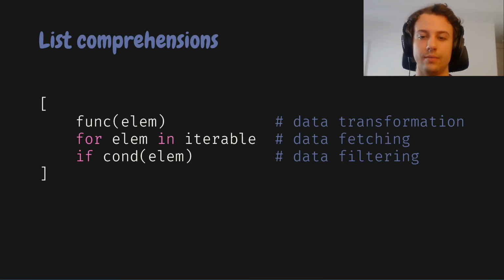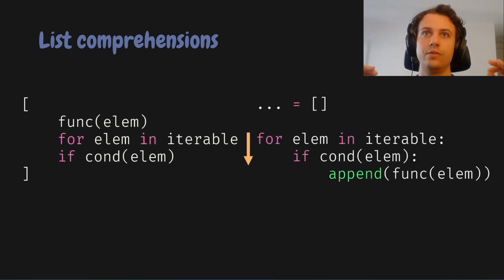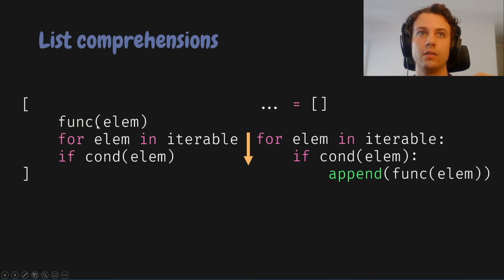You filter your data. And now this is the thing that people find confusing most often, and that's the order in which things go. List comprehensions are equivalent to nested for loops and if statements and so on. And the list comprehension is always ordered in the same way as the nested structure, except for the append.